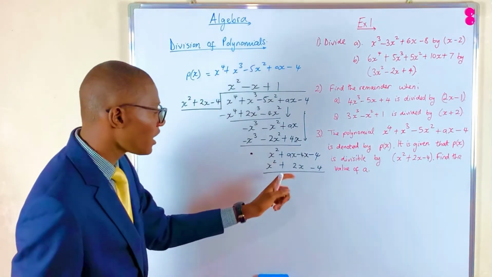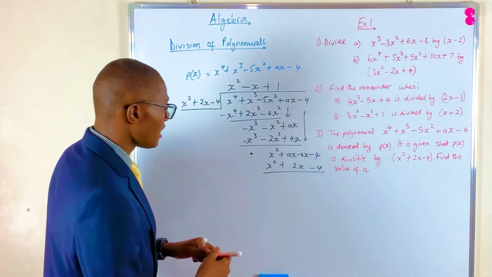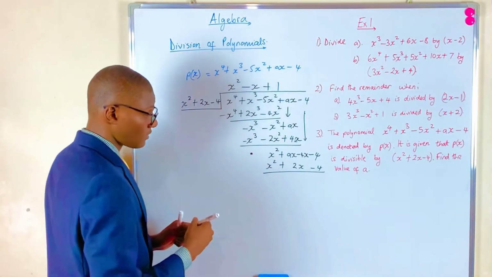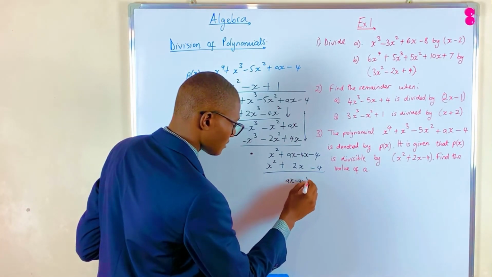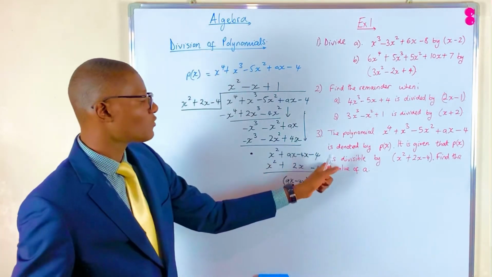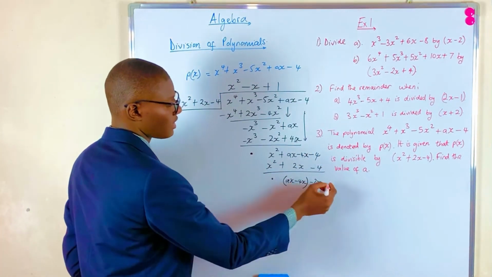And here, subtracting terms in x, we've got ax minus 4x, right? Then minus 2x. And of course, minus 4 minus 4 will give us a 0. So 0 there and then 0 there.